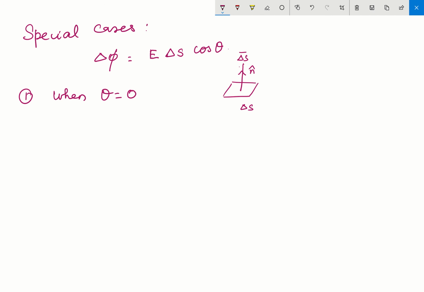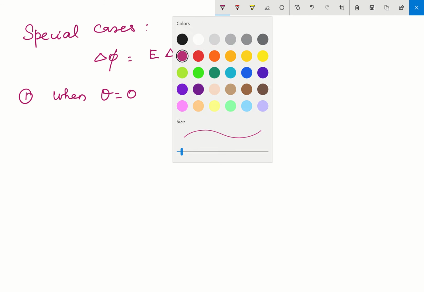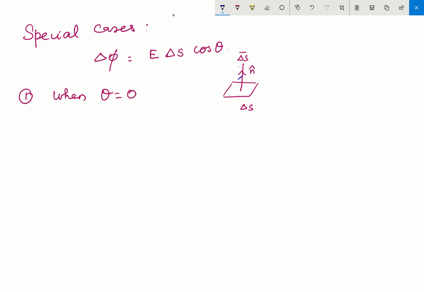What is theta? Theta is the angle between electric field and area vector. Area vector is in this direction and E should also be in the same direction because theta is equal to 0. Therefore, E is also in the same direction. In that case, what is your delta phi?